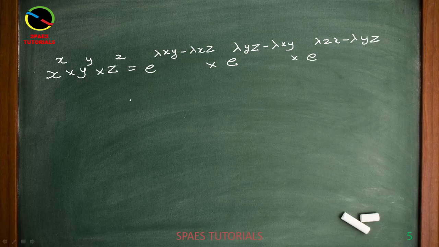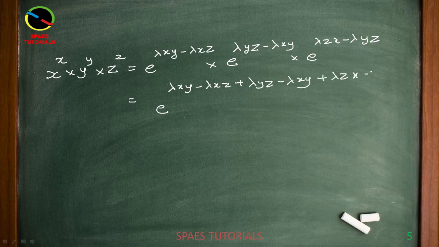This is what we have written in the previous slide. So if you add all this, lambda xy minus lambda xz plus lambda yz minus lambda xy plus lambda zx minus lambda yz.